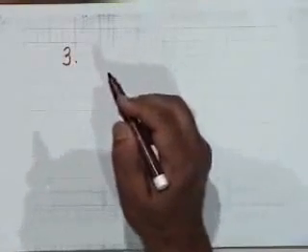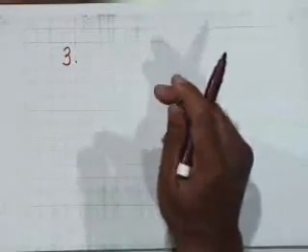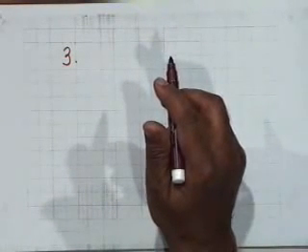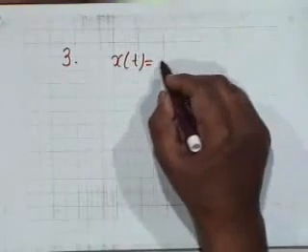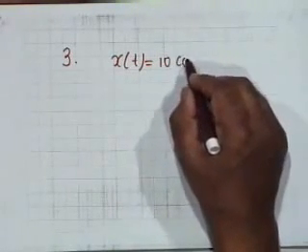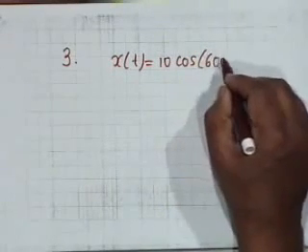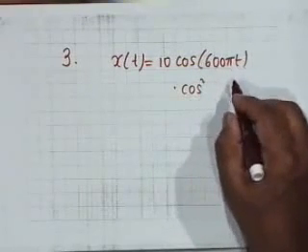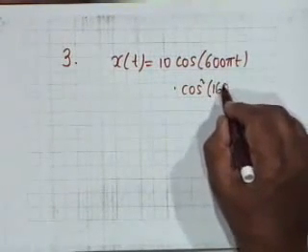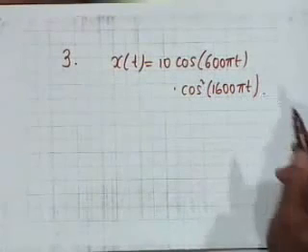The third problem, question number 3, was: determine the range of permissible cutoff frequencies for the ideal low pass filter used to reconstruct the signal. Well, it's a bit roundabout way. The question is, given this signal x of t equal to 10 cosine of 600 pi t multiplied by cosine squared 1600 pi t.